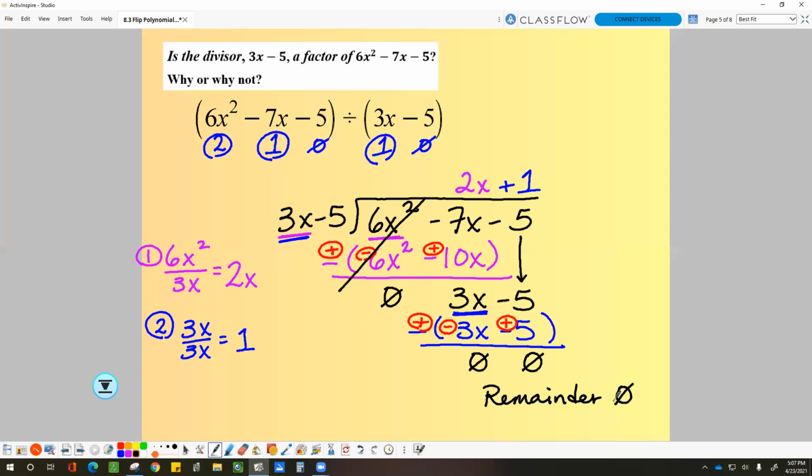That means that when I divided this polynomial, 6x squared minus 7x minus 5, by 3x minus 5, I got 2x plus 1. That's my quotient with no remainder.